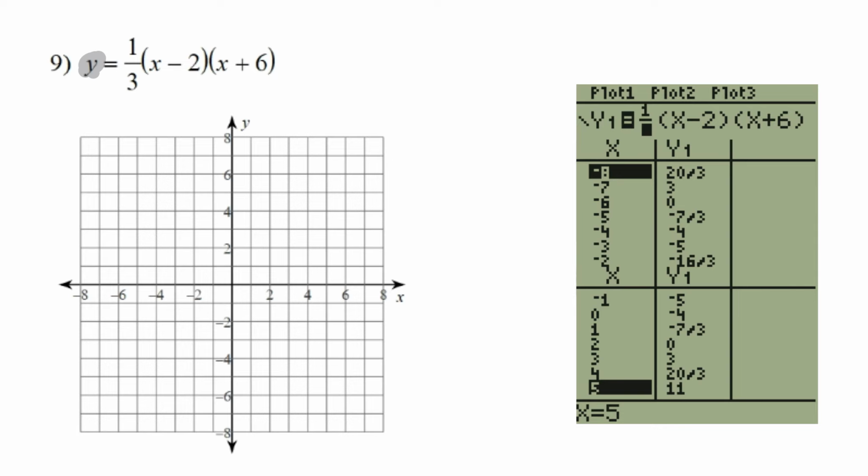You can see I've typed the equation into my y equals right there. And then I got a bunch of ordered pairs coming out here. Let's take a look at those things that are most important to us. First of all, we have a 0 value here, and we have a 0 value there. Let's point out the coincidence of this. -6, not a shocker, because this is in factored form, that's our value, the same thing with 2.